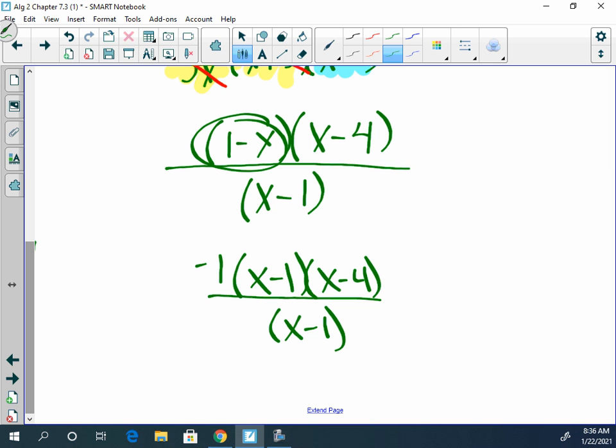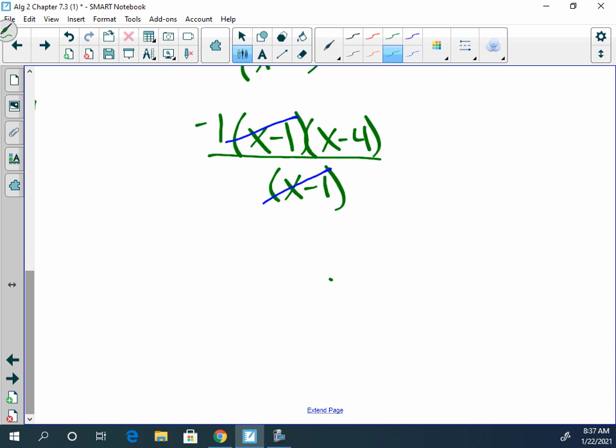So if we have a set of parentheses that matches up, the x's, the variables match up, and the numbers match up, everything matches up, but both signs are opposite, we can pull a negative out, and it'll match it up. So now they'll simplify, leaving us with negative x minus 4.